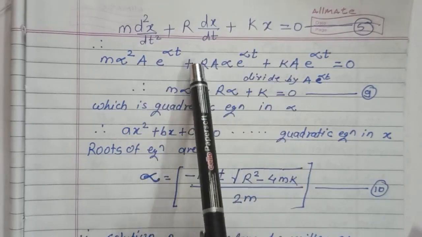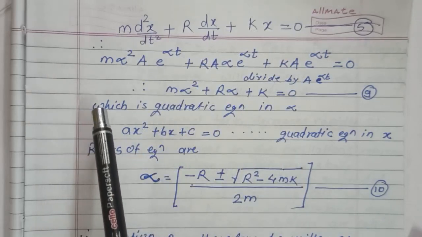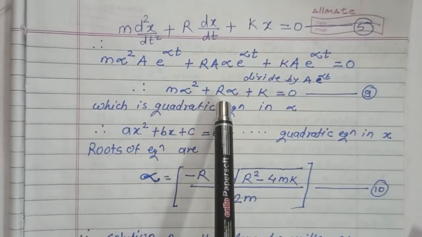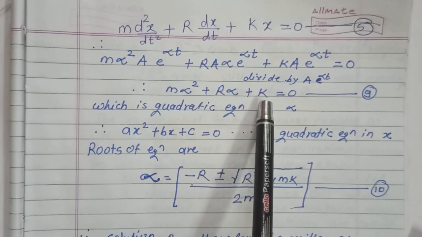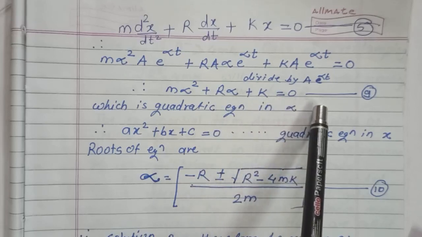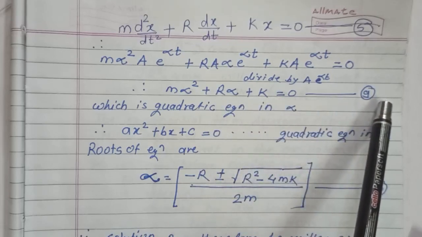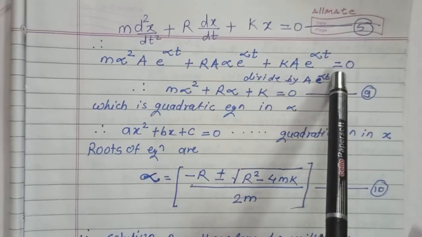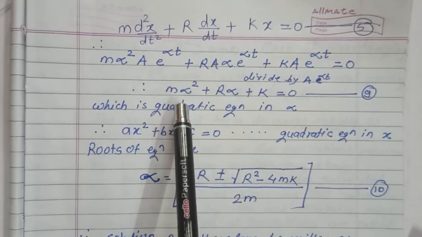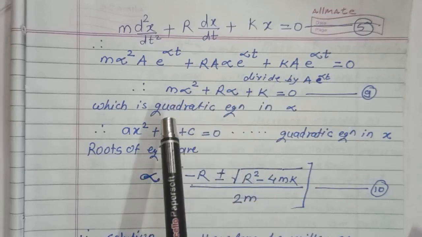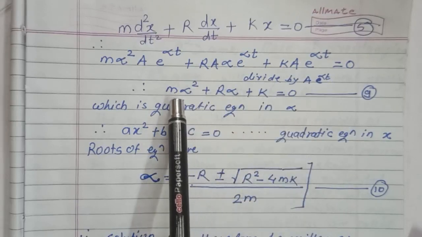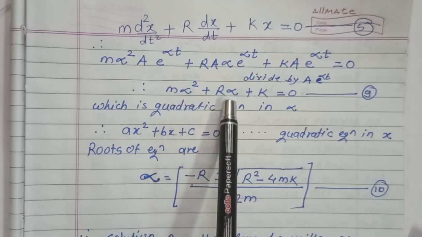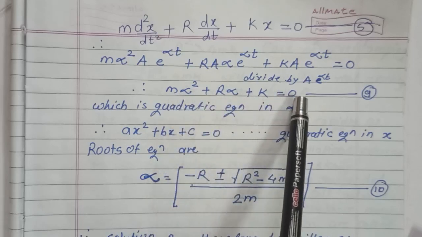On simplification, we get m alpha square plus R alpha plus k is equal to 0, equation number 9. Here we divide this equation by a into e raised to alpha t. Then we get a quadratic equation in alpha, that is m alpha square plus R alpha plus k is equal to 0.